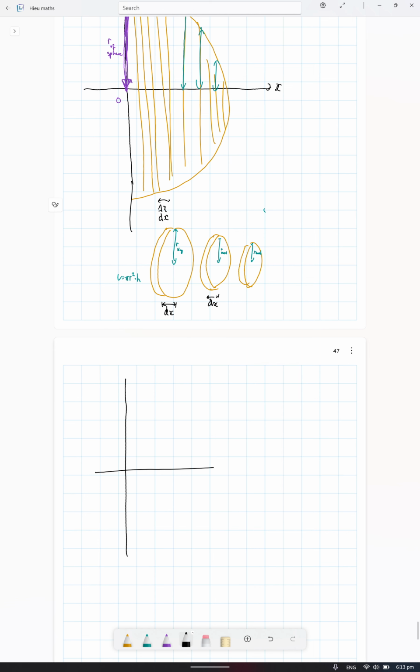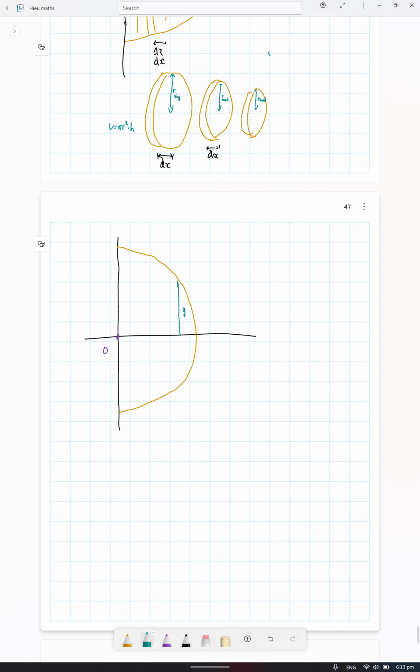So let's try to think of any kind of thing. Let's draw this out, and let's just try to connect these. So obviously we have our origin here. Let's say we want to find the height of this. This is just a random y value that represents, let's say, y for r big.